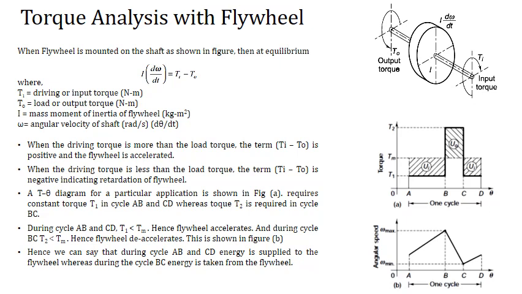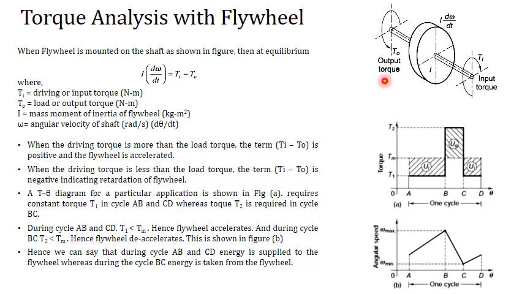The next topic of discussion is torque analysis with flywheel. Now we know that the flywheel is used as a reservoir to store energy. Let's say TO is the output torque and TI is the input torque.